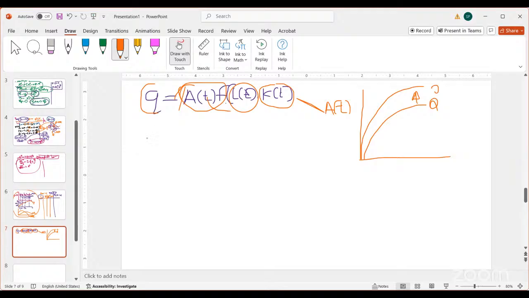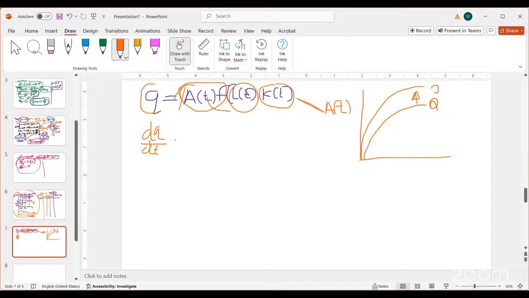Now what I'm going to do is differentiate this, see this dynamic factor, differentiate this production function with respect to the changes over time, so differentiate with respect to t.